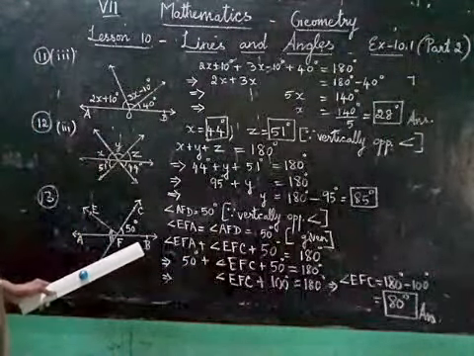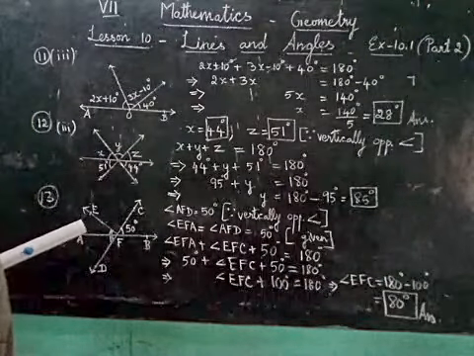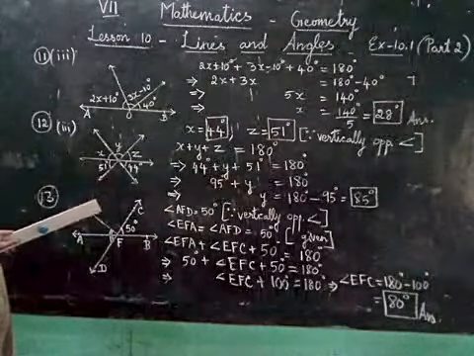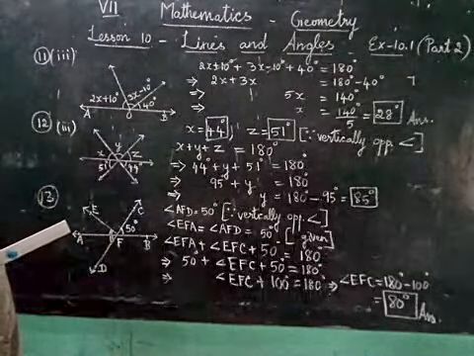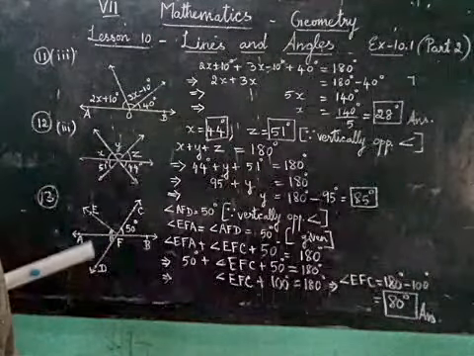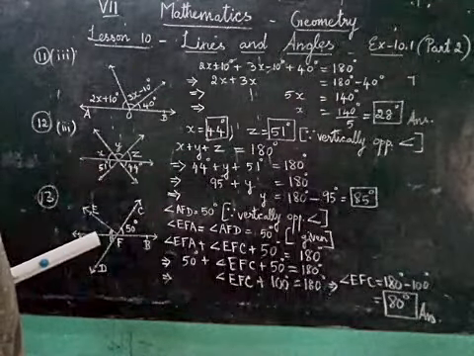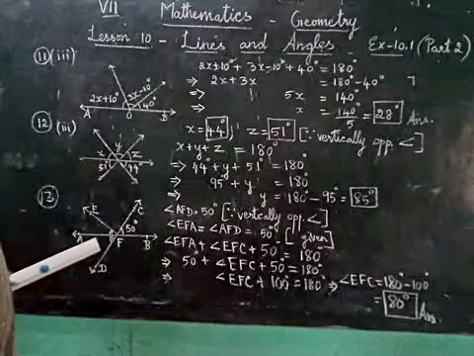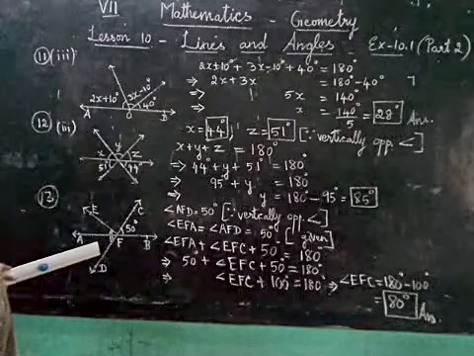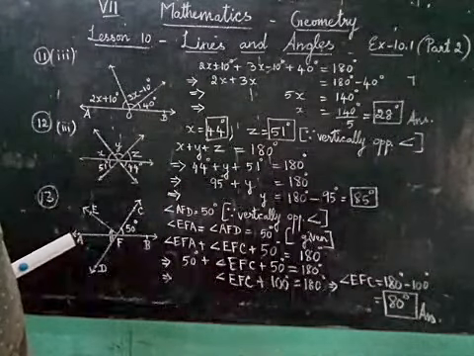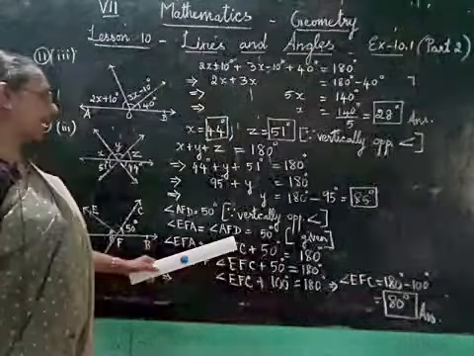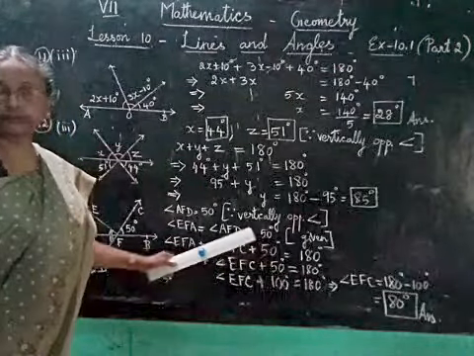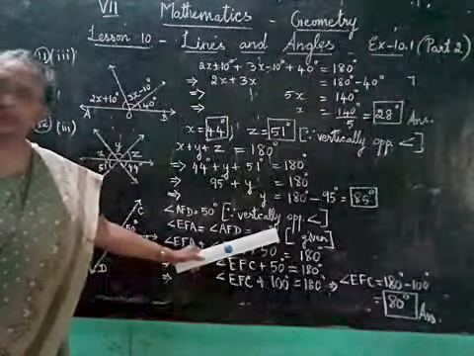Then we will go to the other information that angle EFA and angle AFD are equal. Now we have found angle AFD to be 50 degrees. Therefore, angle EFA also will be equal to angle AFD, which is 50 degrees. Both angles are equal to 50 degrees.